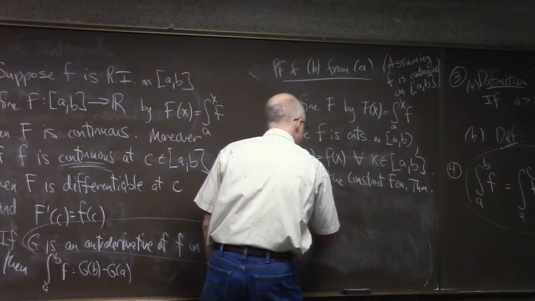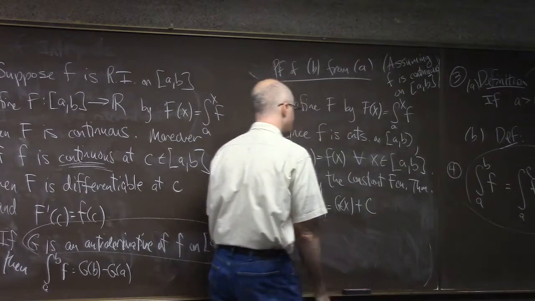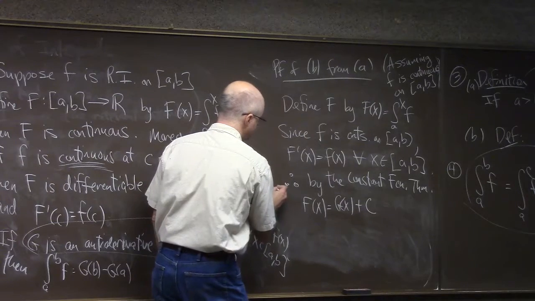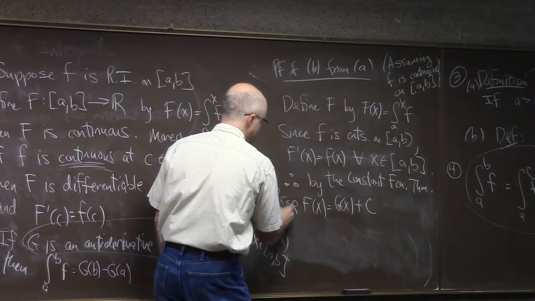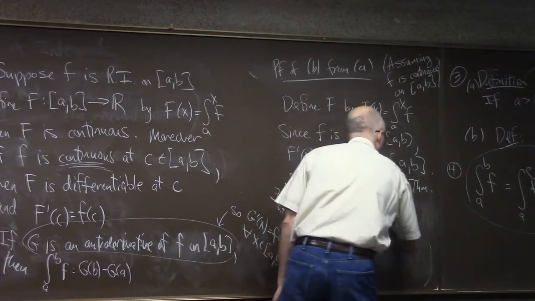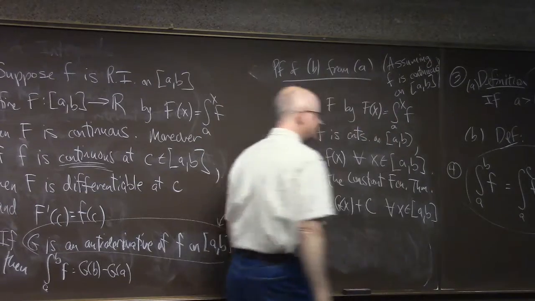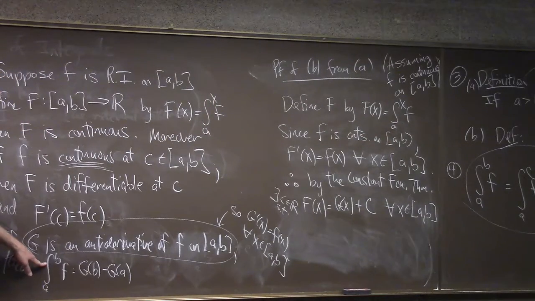Capital F of x equals capital G of x plus c for some constant c and for all x. I should say there exists a c in R such that this is true for all x in the interval. And that's the connection between capital F and G that we need.